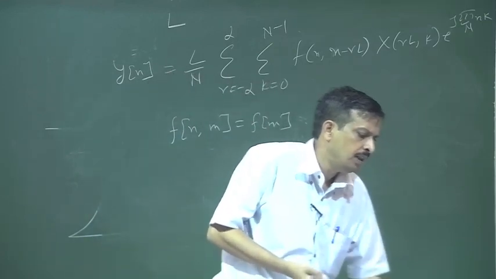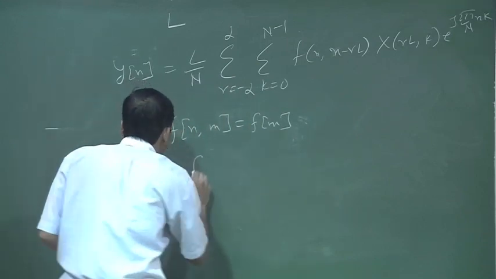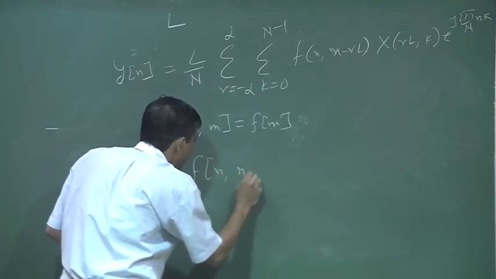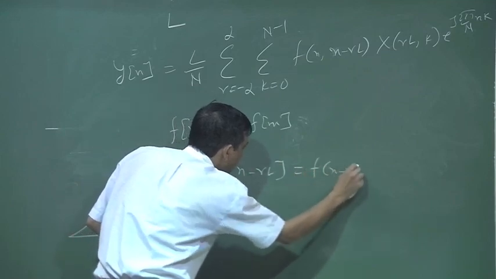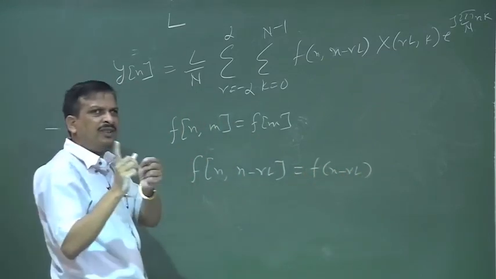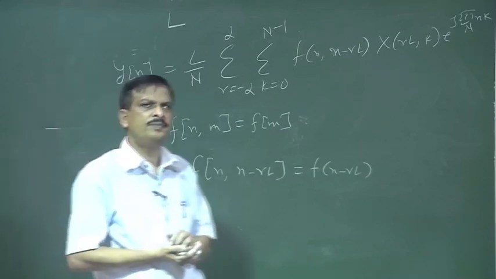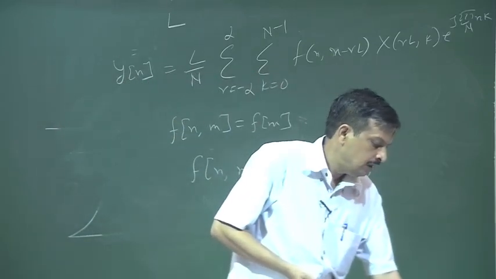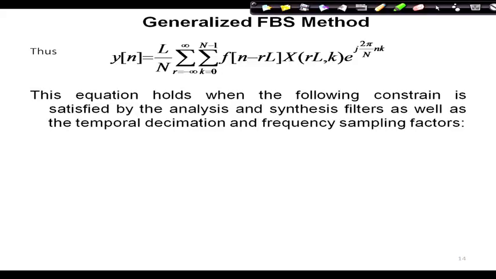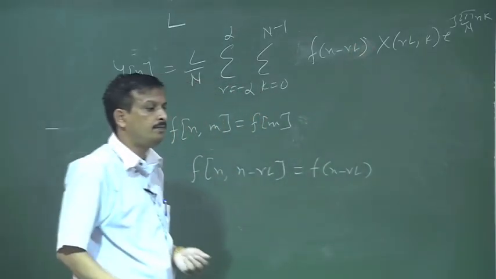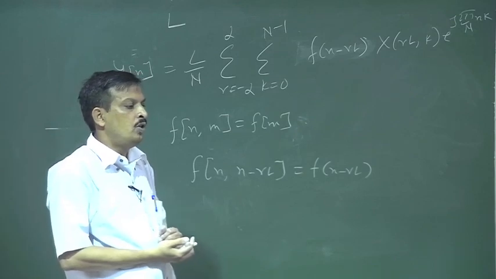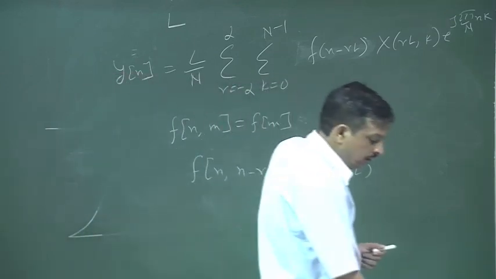Then I can say f of n minus rL is nothing but f of n minus rL, that is the time shifting. Okay. Then I can write this equation, instead of this one I can write f of n minus rL.